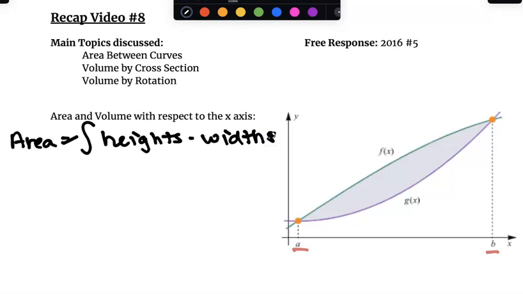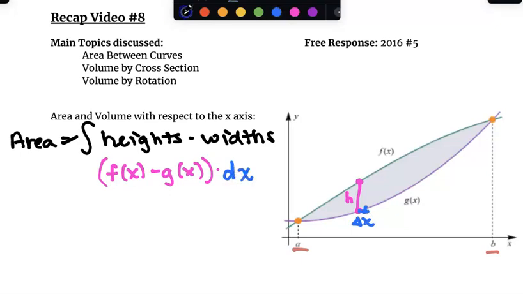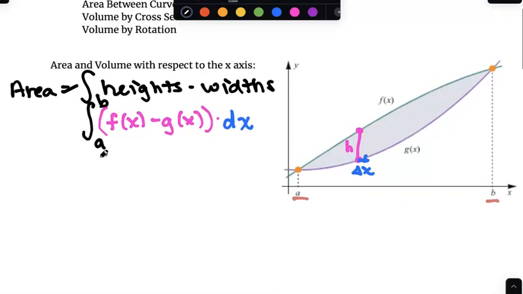If I wanted to find the area trapped between f of x and g of x, the height of each rectangle could be represented with that pink line, which would be f of x minus g of x. And the widths would be infinitesimally small changes in x represented by dx. And I would sum up an infinite amount of rectangles from a to b. So that's how I could find the area that is trapped.